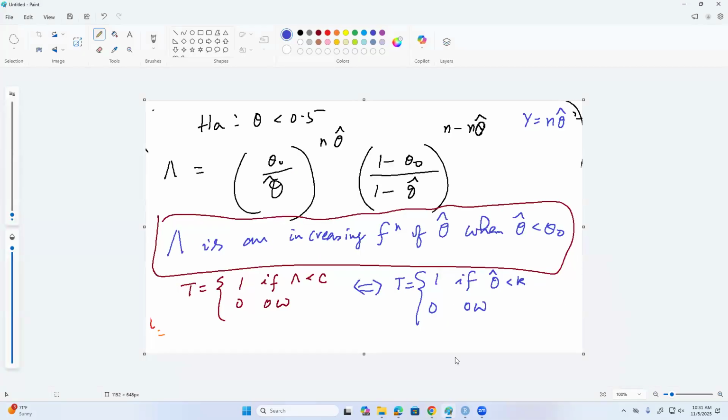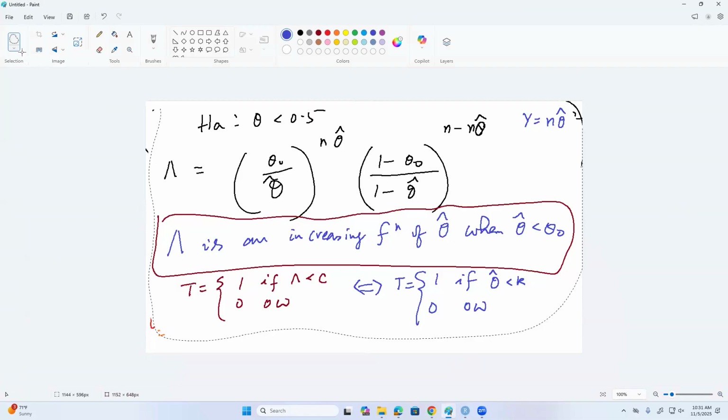Now, a quick recap. So probability of y equal to 1 given x is e to the power x transpose beta divided by 1 plus e to the power x transpose beta.